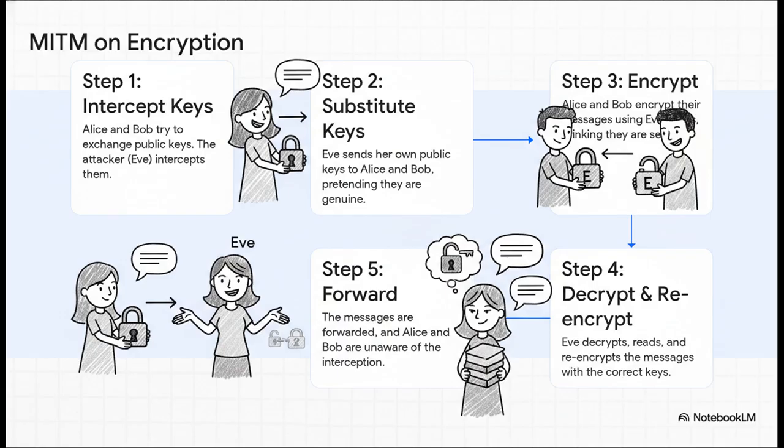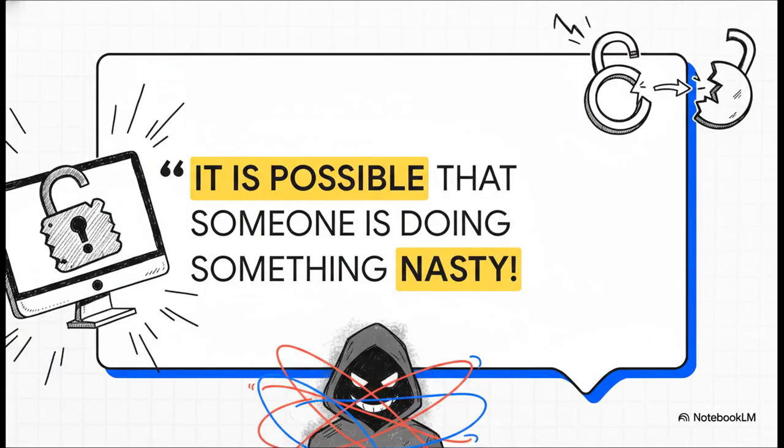So now Alice and Bob think they're locking messages for each other, but they're both actually using Eve's padlocks. So Eve just sits in the middle, intercepts every message, unlocks it with her private key, reads it, locks it back up with the correct padlock, and sends it on its way. Alice and Bob are having what they think is a totally secure conversation, and they have no idea Eve is reading every single one.